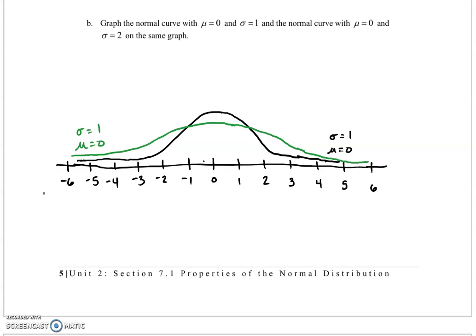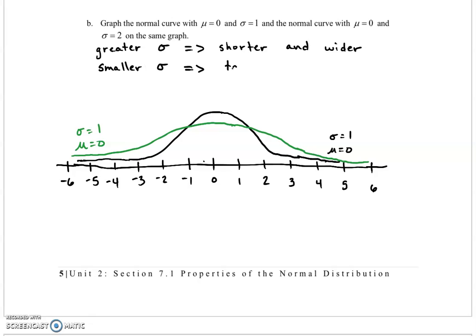So the bigger the standard deviation, the shorter and wider it gets. Greater sigma means shorter and wider graph. And smaller standard deviations mean taller and narrower.